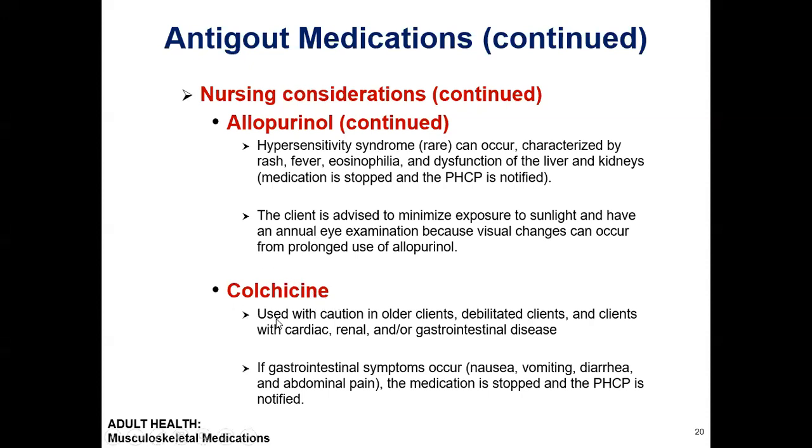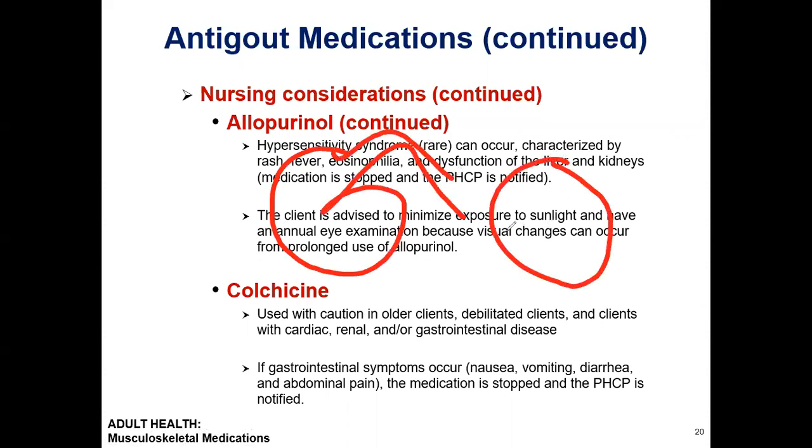Colchicine is used with caution in older clients or debilitated clients, clients with cardiac problems, clients with renal problems, or gastrointestinal disease. So if our patient has a kidney problem, or a heart problem, we do not give colchicine.